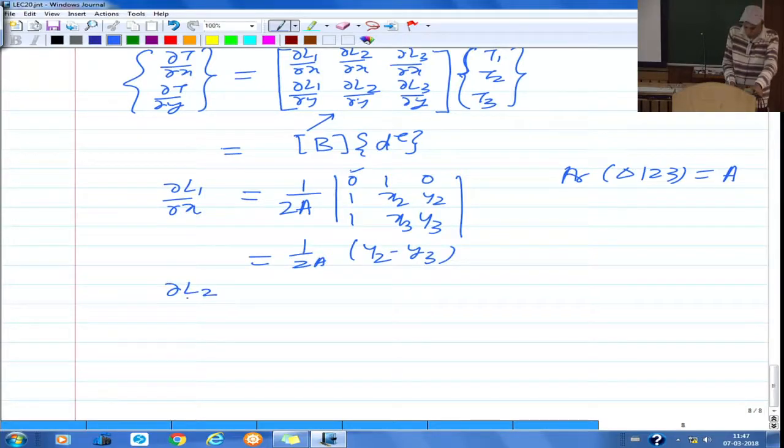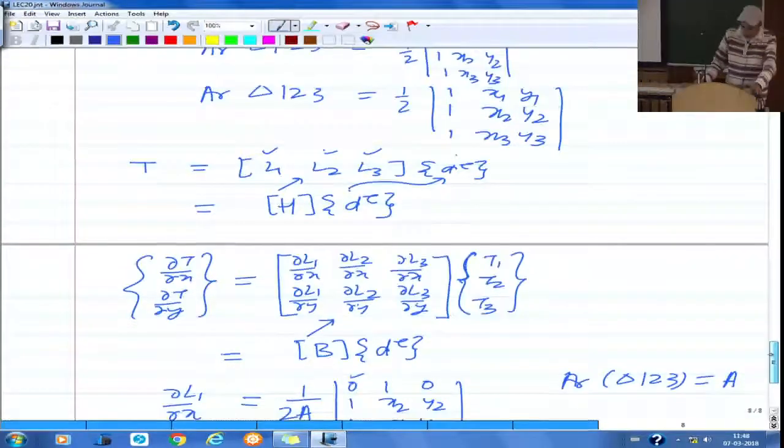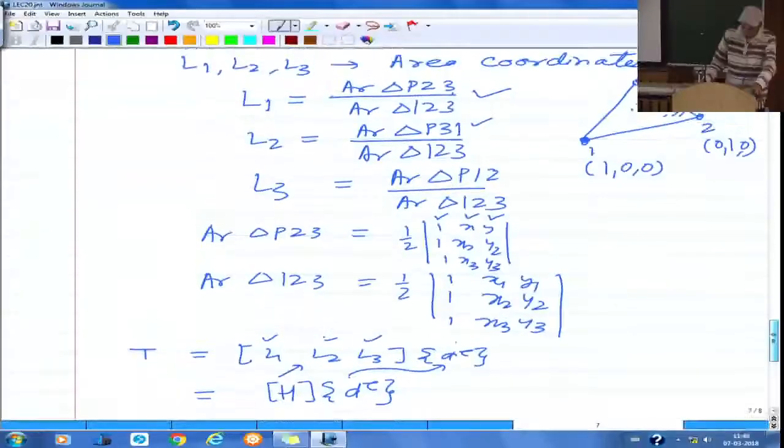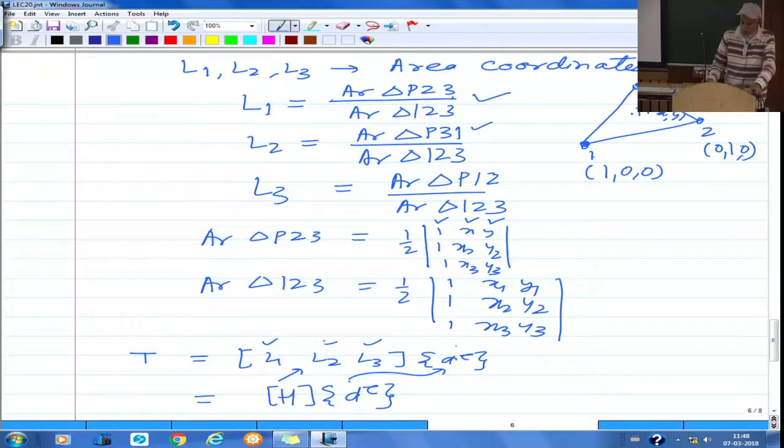Then similarly, you can check del L2 by del x in a similar manner. This is going to be 1 upon 2a, and then the determinant, because as per the definition of L2, we are going with P31.